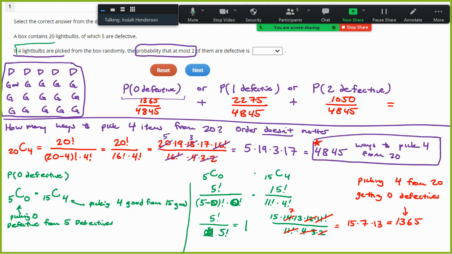So 1365 plus 2275 plus 1050 is 4690 over 4845. Divide that for a decimal. Holy cow, we finally did it. So this is 0.968, so this is 96.8%. Or maybe they rounded up to 97%.